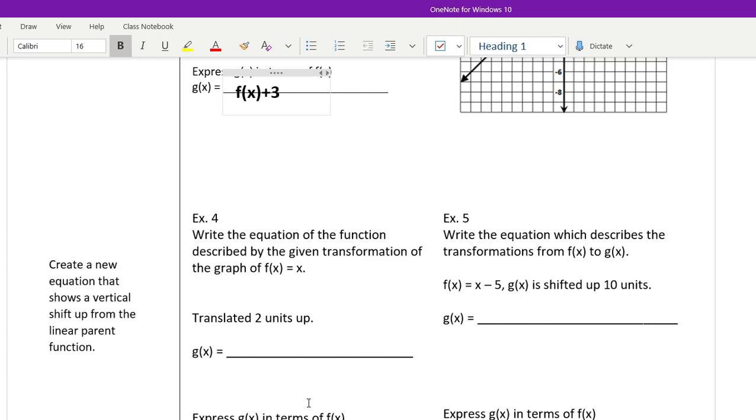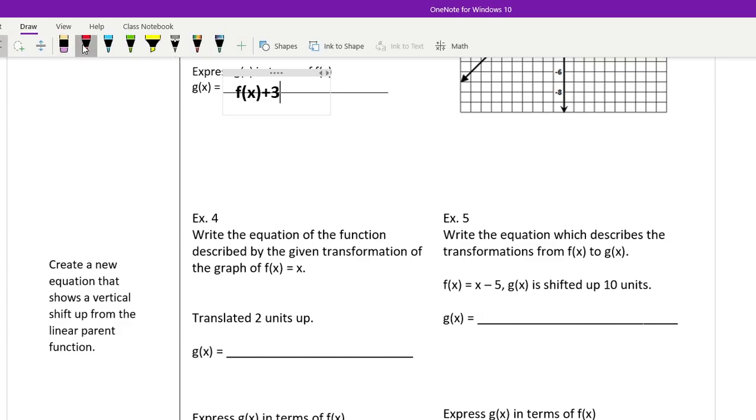Now to take a verbal description and change it into our equation, it's asking us to write an equation of the function described by the given transformation of the graph f of x equals x. So it wants the transformation from the parent function. For this, it's saying that it is translated, it is shifted 2 units up.